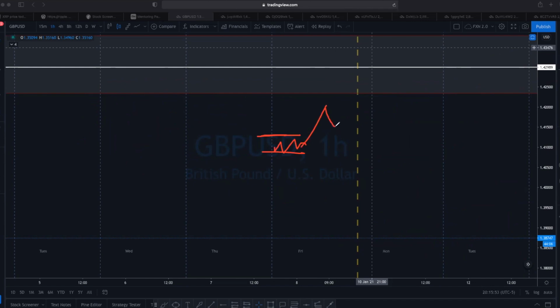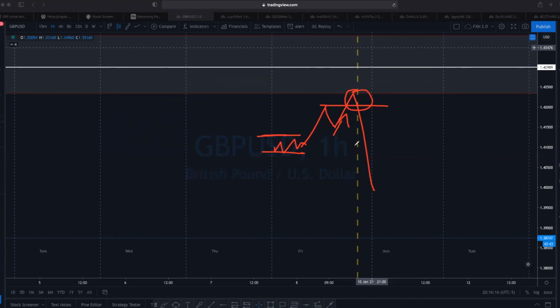Why would they go up higher and then come down again? Why not stop here? They want to convince everybody to go bullish, so they're trapping them. They need more people. Exactly.